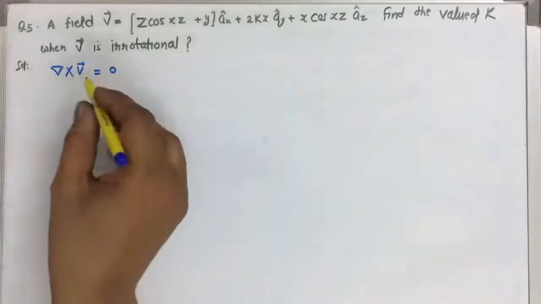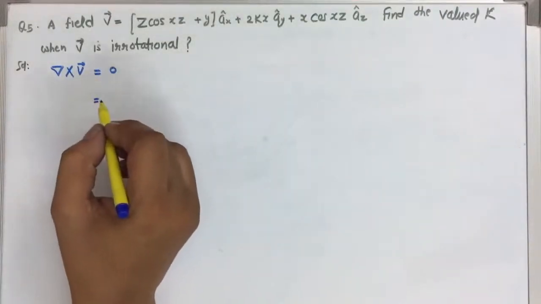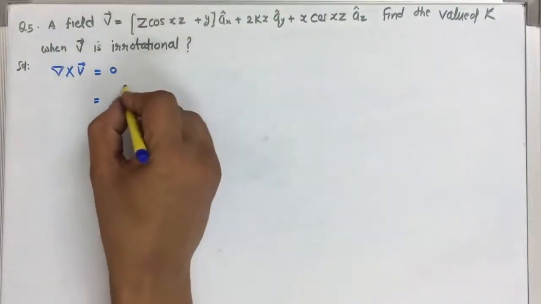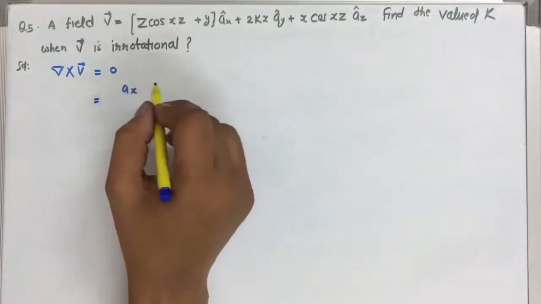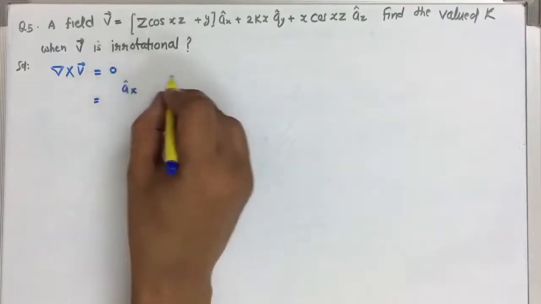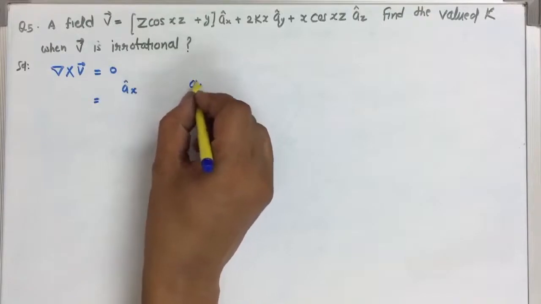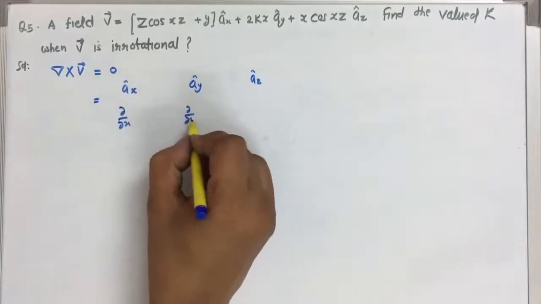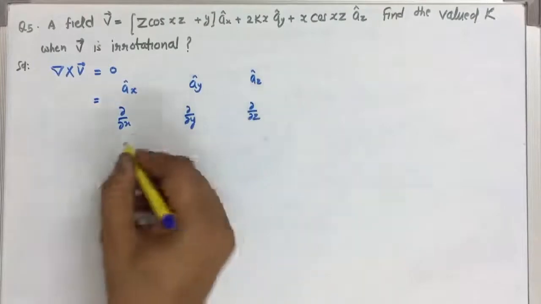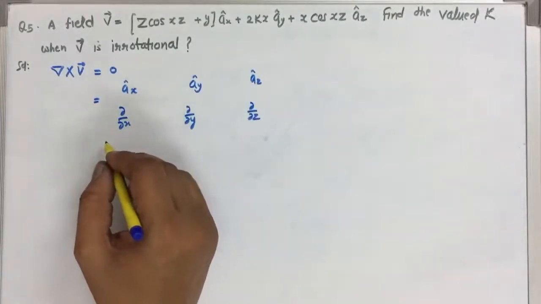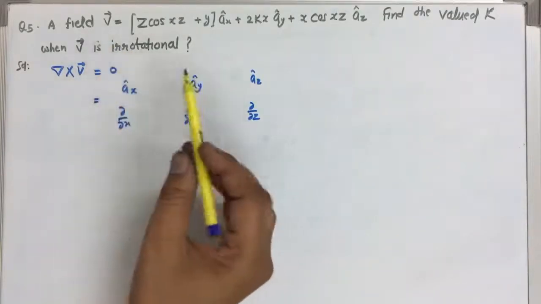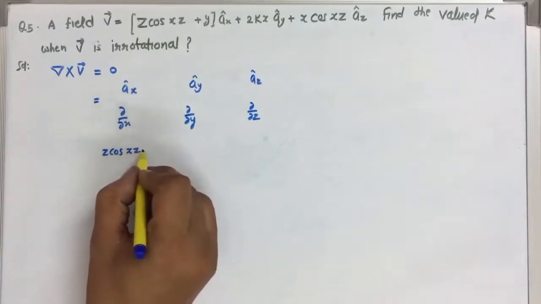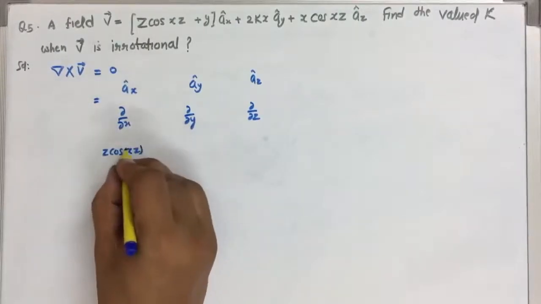We have to make the curl of V equal to 0, and we know, as we have done in the previous case, in the case of rectangular coordinates it is so simple. Because h1, h2, h3 are 1, no need to worry about those too much. ax, ay and az, del x, del y and del z. The h1 component of V in the direction of x is z cos xz plus y.